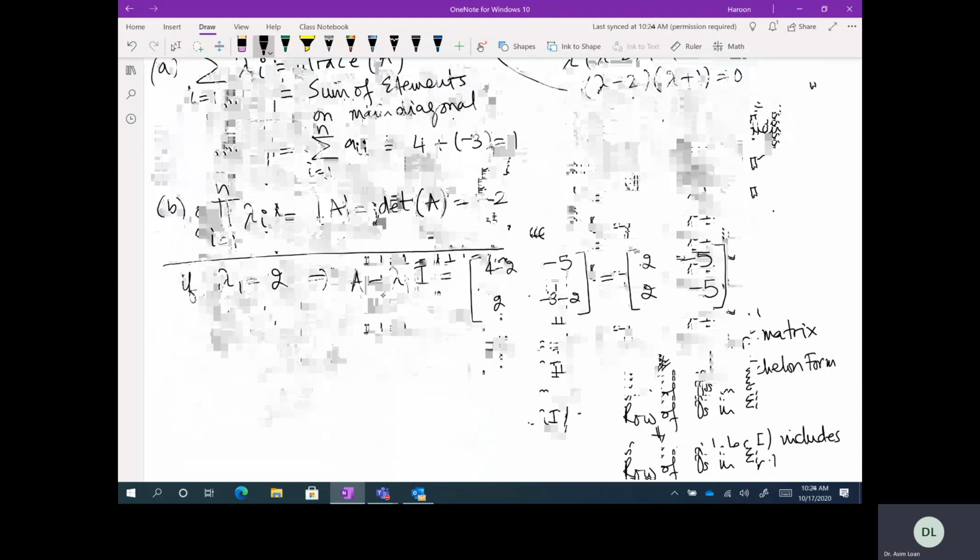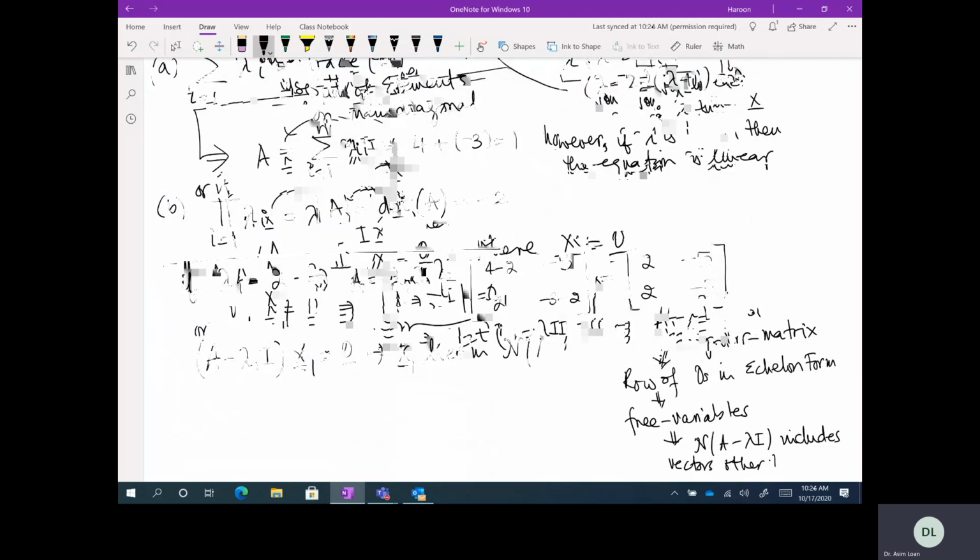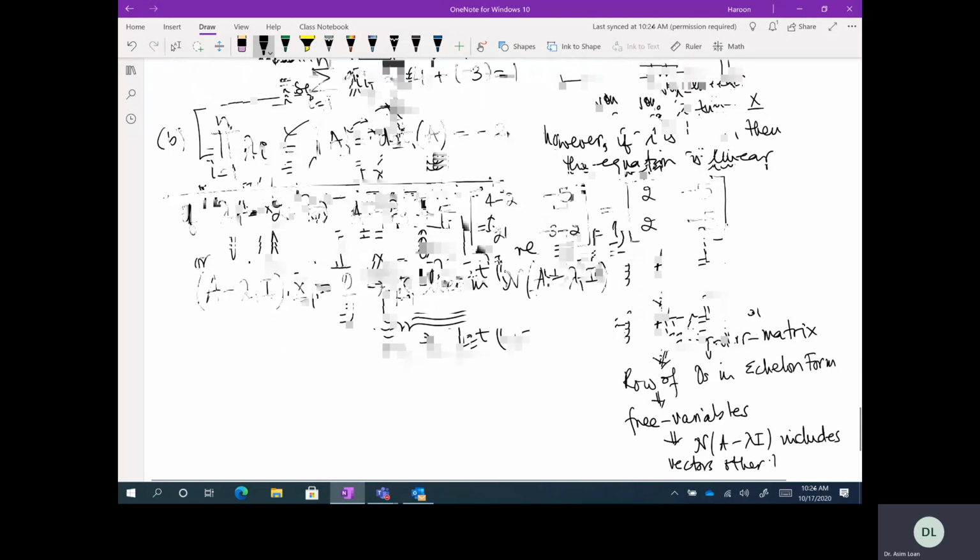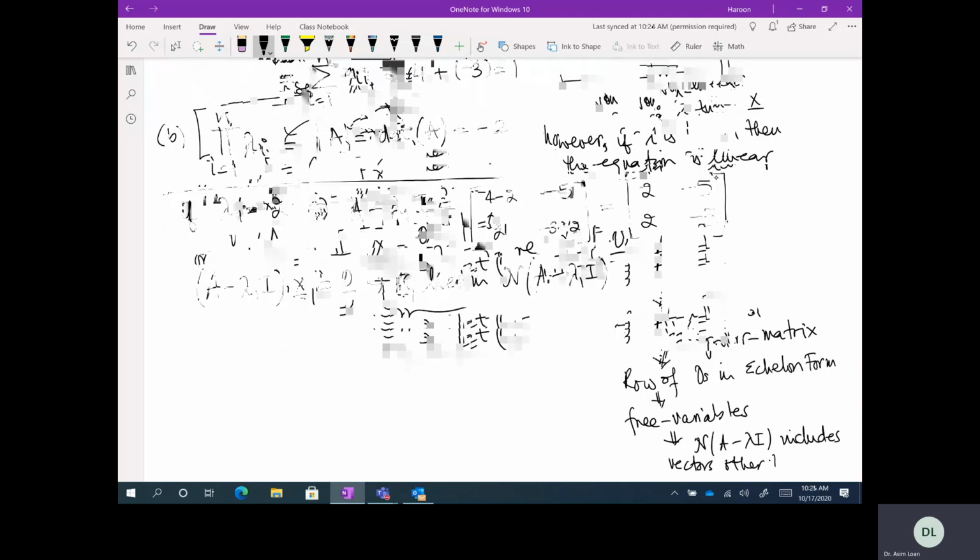So A minus lambda 1 I times x1 equals 0. All we need to do is find the null space. So x1 lies in the null space of A minus lambda 1 I. I want to solve this equation, which simply means I want to do the row reduced echelon form, which is very simple.